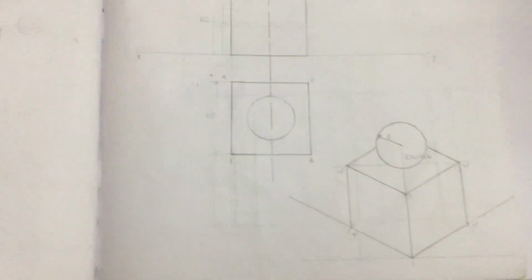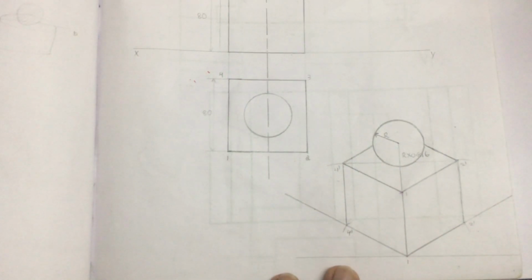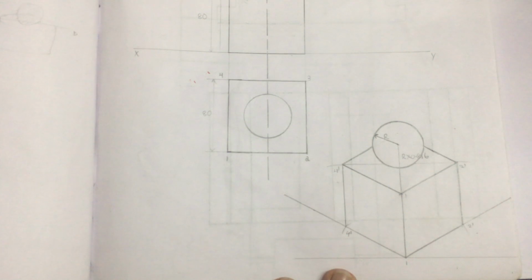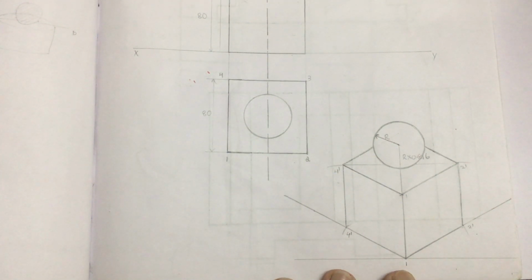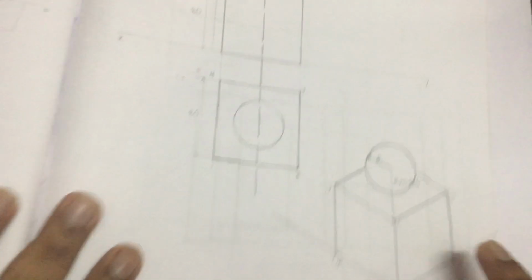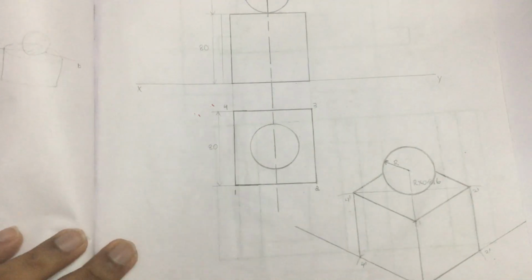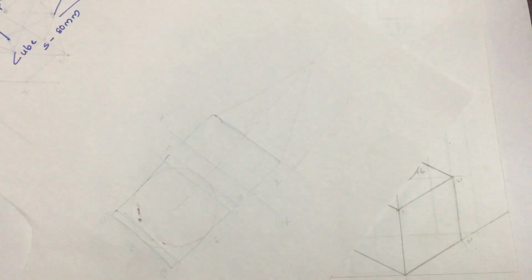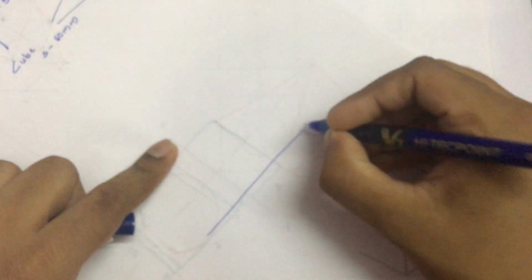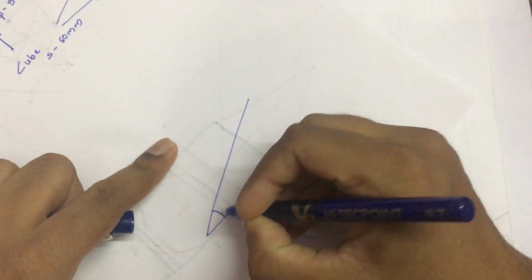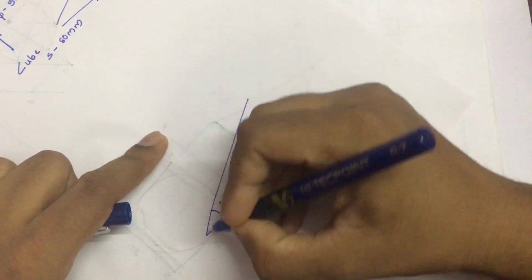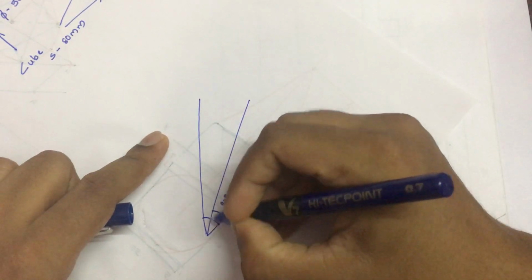After that, for isometric projection, what you need to draw is the isometric scale. How do we draw the isometric scale? You have to draw a horizontal line, then a 30-degree line, then a 45-degree line.